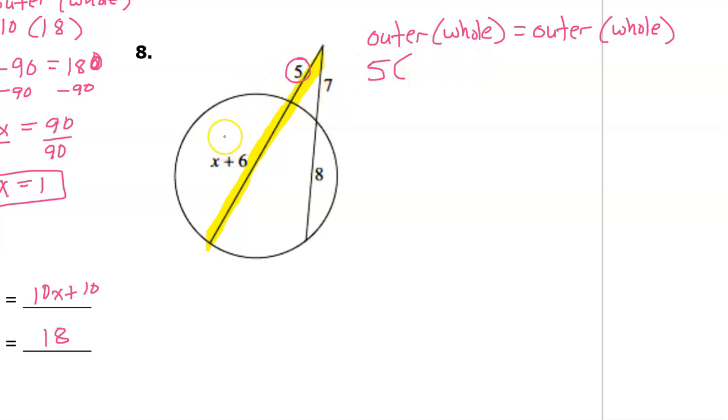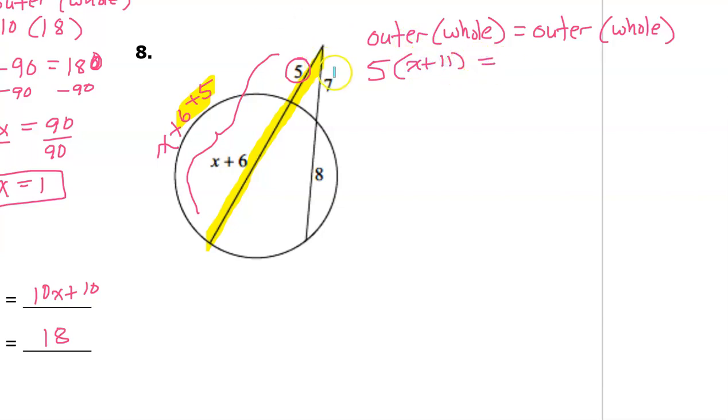Now the whole is going to be x plus 6 plus 5. All right, you should be able to do this in your head, but just to give you a little boost, if I have x plus 6 and then plus 5, the 6 and the 5 are like terms. So that's going to give me x plus 11 for the whole.